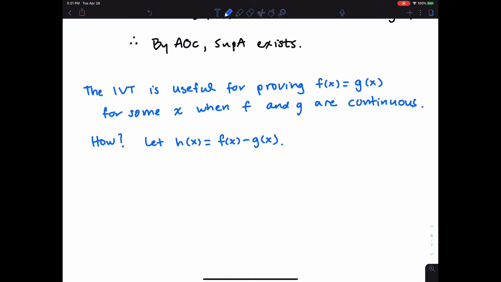So we have to ask the question, well, why should h be a continuous function? Well, it's the difference of continuous functions. So h is continuous by the algebra of continuous theorems, since it is the difference of continuous functions.